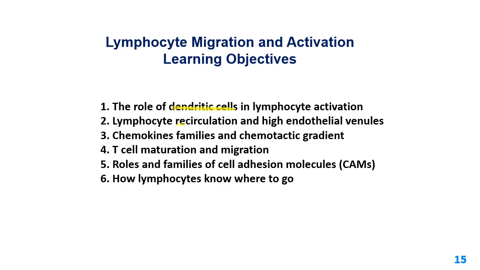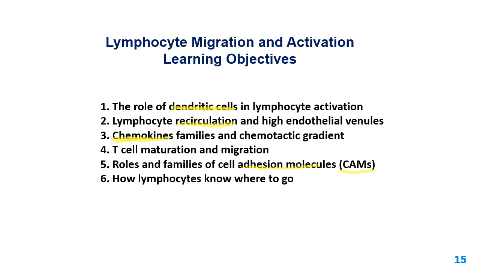So circulation. Then we're going to look at some chemokines that help attract those lymphocytes. Those also go hand in hand with upregulation of some adhesion molecules, which we had briefly seen before. Then finally, we're going to look at how your lymphocytes know where they have to go.